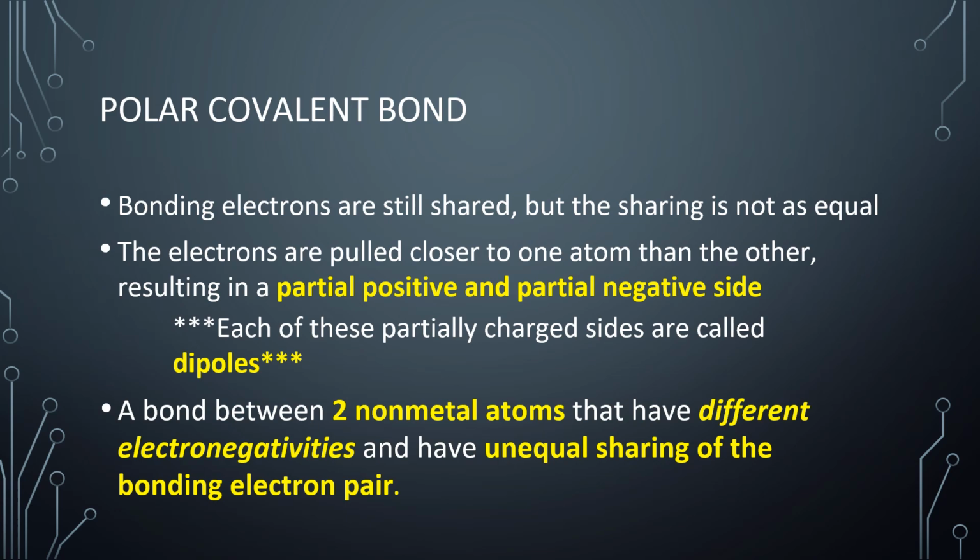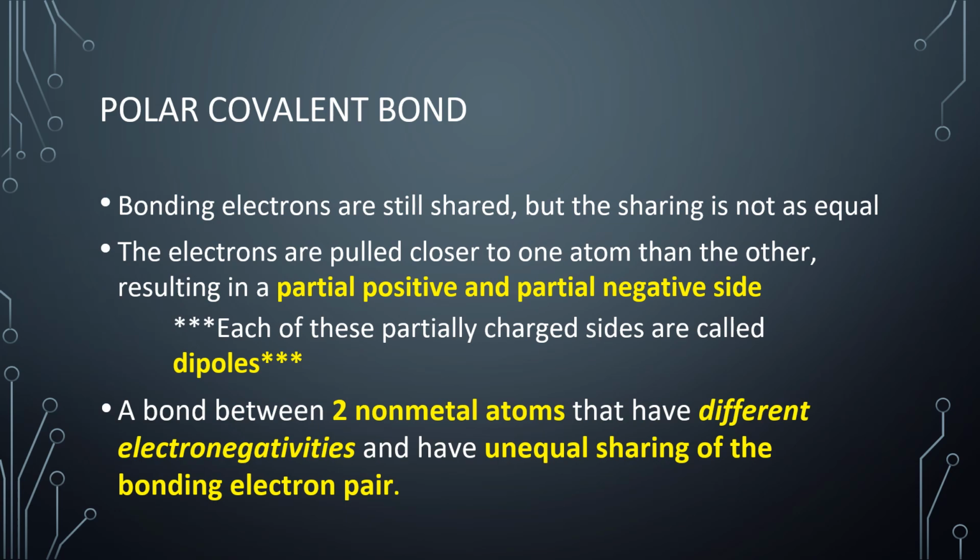In a polar covalent bond, bonding electrons are still shared, but the sharing is not considered equal. The electrons are pulled closer to one atom than the other, resulting in a partial positive and a partial negative side. Each of these sides is called a dipole. So a polar covalent bond is between two nonmetals that have different electronegativities and have an unequal sharing of the bonding electron pair.